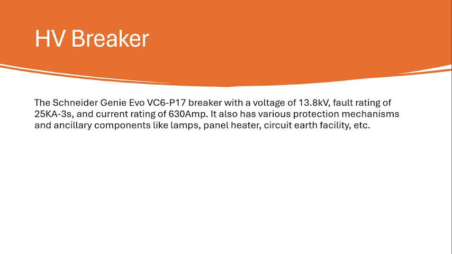For the HV breakers, the Schneider Evo is the model of the breakers with a voltage level of 13.8 kilovolt, a fault rating of 25 kiloampere within 3 seconds, and a current rating of 630 ampere. It also has various protection mechanisms, and ancillary components like lamps, panels, heaters, alarm, and circuit earth facility.